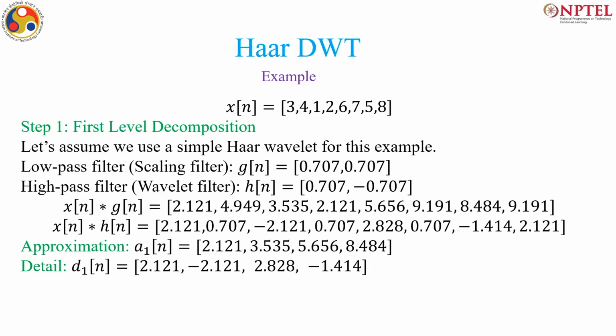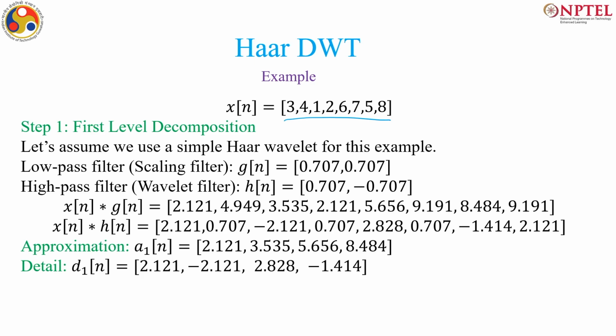So, this is capturing the changes in the signal. In time I am localized to the two values and how they are behaving, and in frequency I am saying whether it is going high or low within those two values, and that is the Haar wavelet for you.